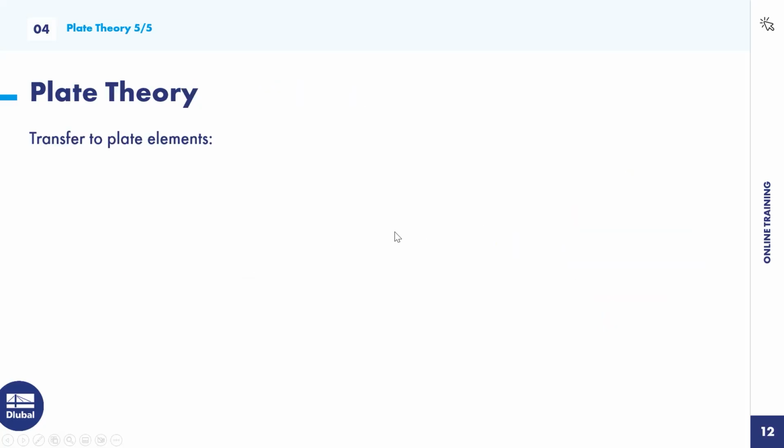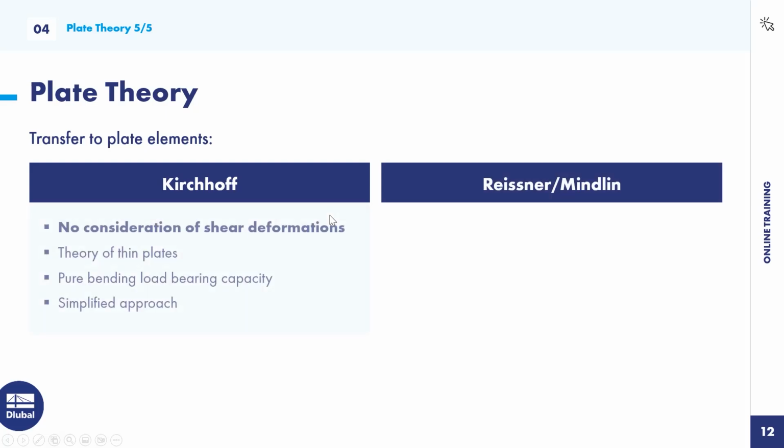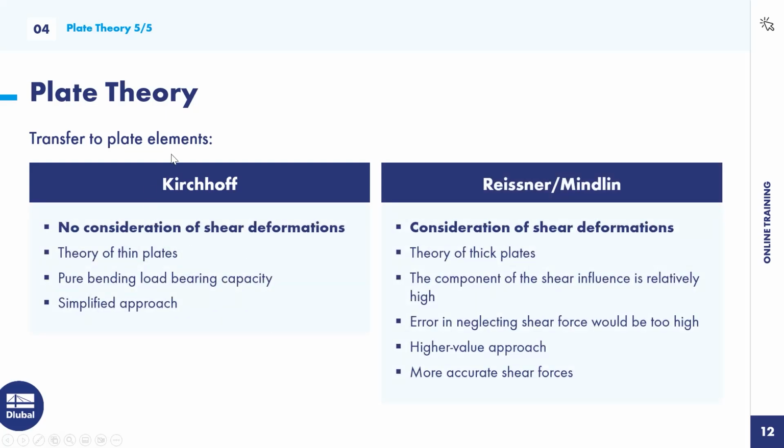Okay, let's go into the plate theories again. For the Kirchhoff, we said no consideration of shear deformations, and for the Reissner-Mindlin, there is this consideration. Now, the Kirchhoff theory is the simpler one.